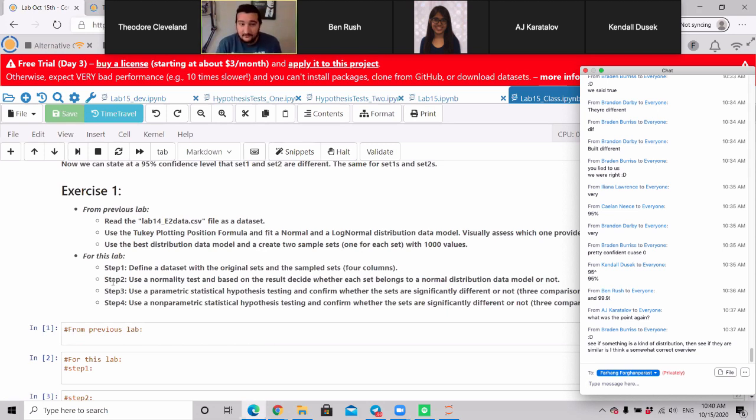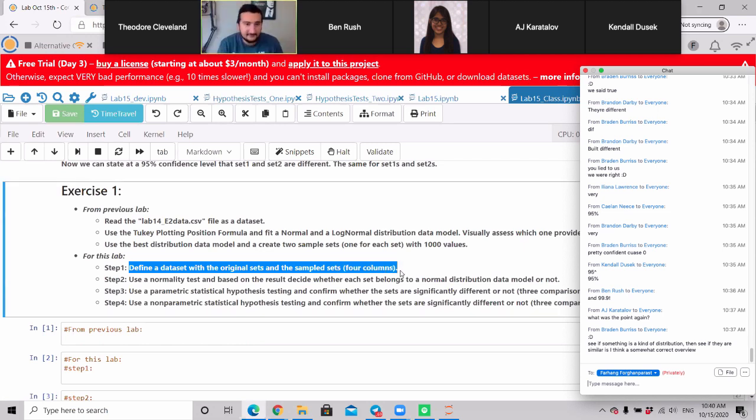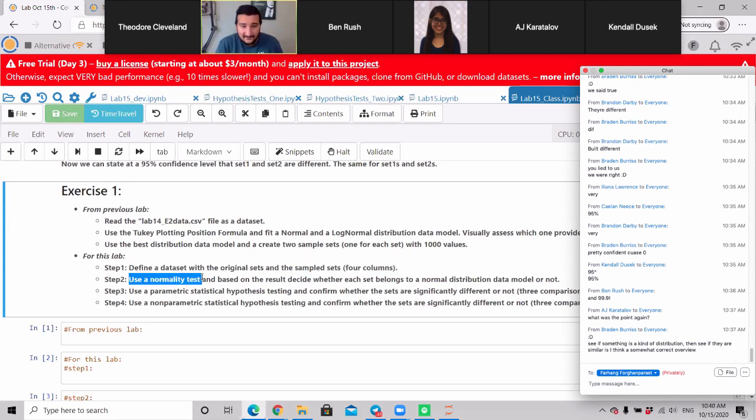And then for this lab, you have 4 steps to take. On step 1, you're asked to define a data set with the original sets and the sample sets, with 4 columns, naturally, similar to what we did today. On step 2, you're going to use a normality test, and based on the result, decide whether each set belongs to a normal distribution data model or not.